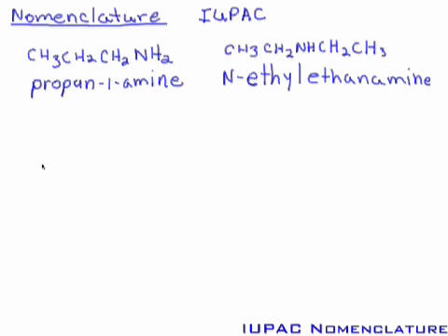N-ethyl ethanamine. When it is asymmetric, you find the longest carbon chain with the nitrogen off of it. So if I have something like this, the longest carbon chain with the nitrogen is 1, 2, 3 carbons. This is a propane, and at carbon 2 we have an amine.